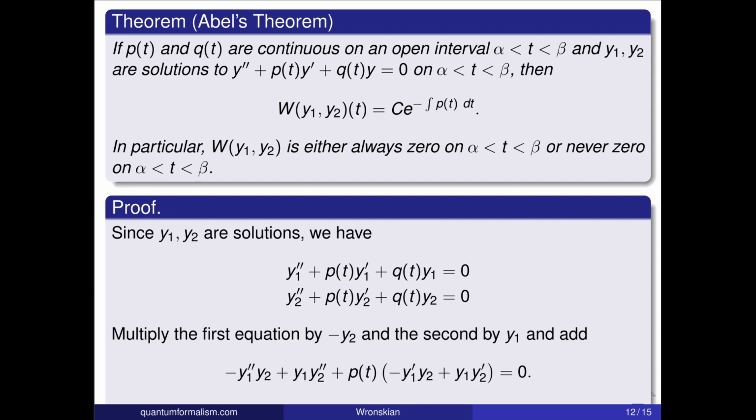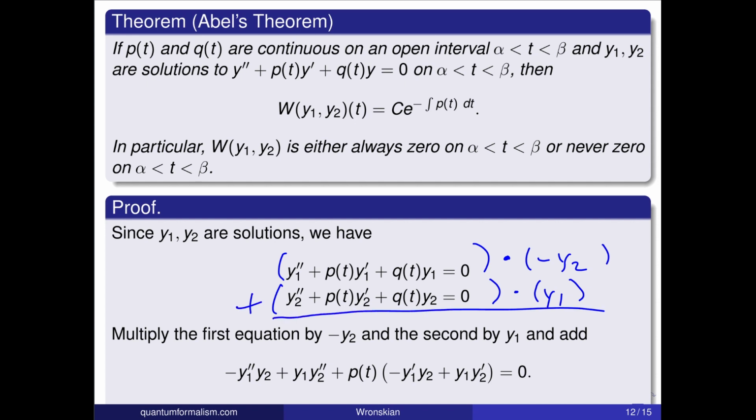And then the idea is that you multiply this first equation by negative y2 and multiply this entire second equation by positive y1, and then you add them together. And when you do that, these q of t terms will cancel, right? You'll have minus q of t y1, y2 from the first one and positive q of t y1, y2 in the second one. So those terms will cancel.